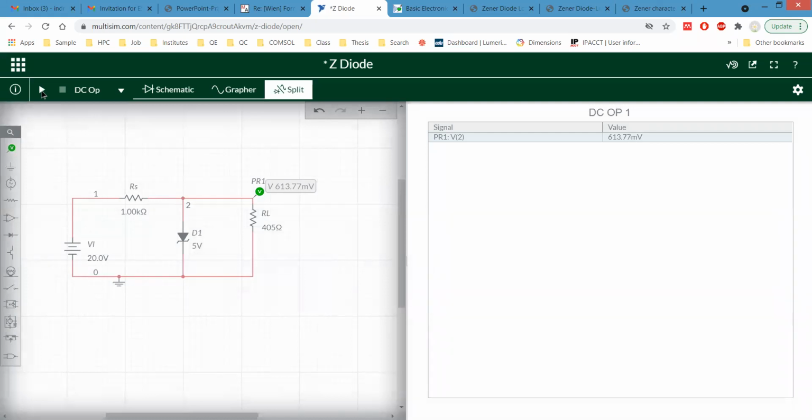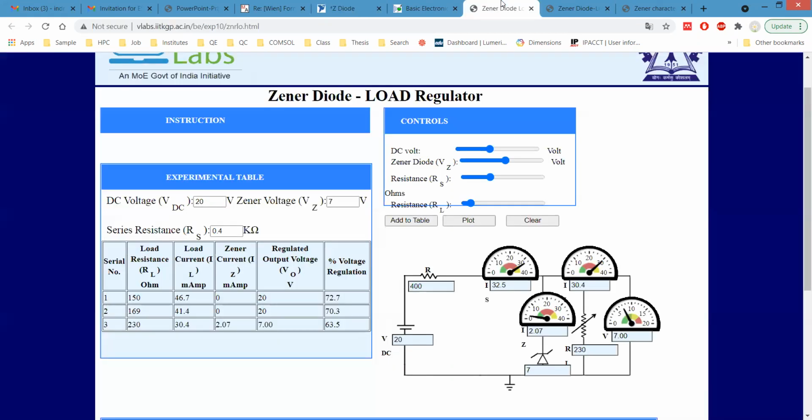No, that should not be the case. No, something is wrong. That is wrong, I think. Load regulation, yes, this voltage. This is regulated voltage, output voltage across this RL. That should be different.